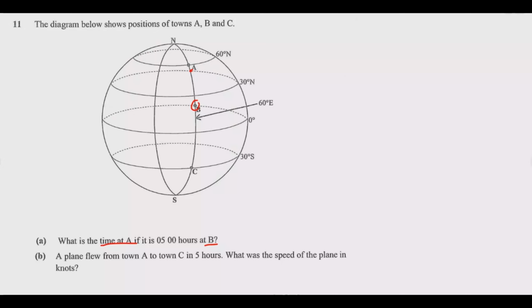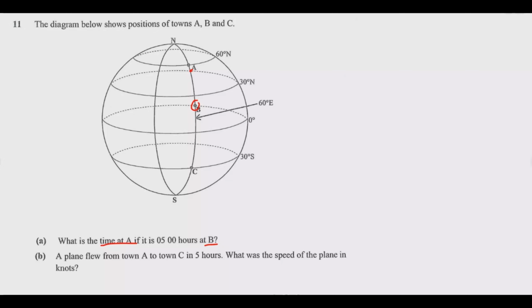Town A is 60 degrees north of the latitude, and town B is on 60 degrees east, but 0 degrees, which is the equator.